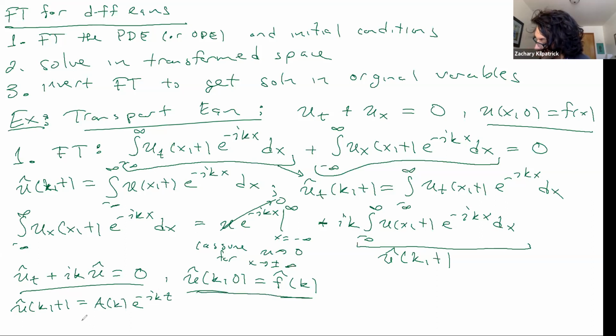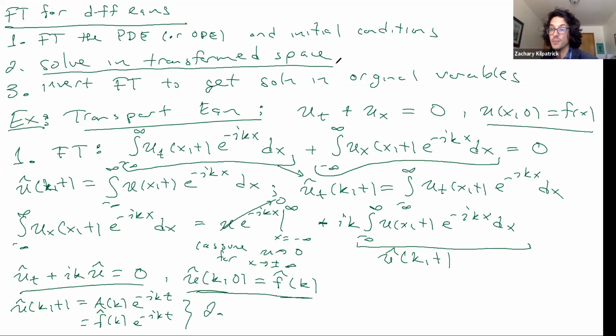This particularly tells me that this should be f hat(k) e to the minus ikt. So step 2 has been solved: we've essentially found the solution in the transformed space.